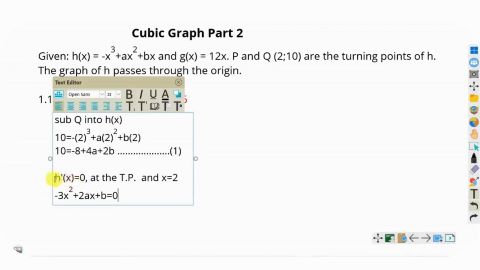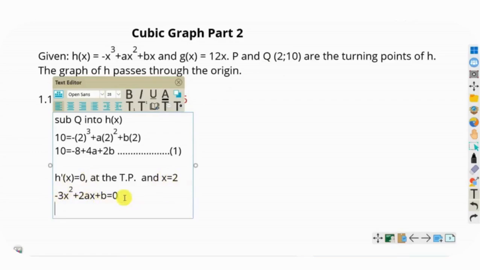Here we know the x value that should make this 0, because it is the x value of the turning point, which is 2. So when you substitute 2 here, the gradient becomes 0. So we can substitute 2.